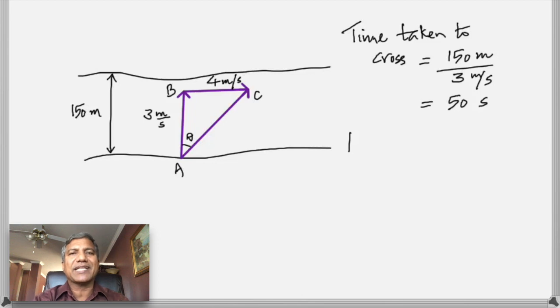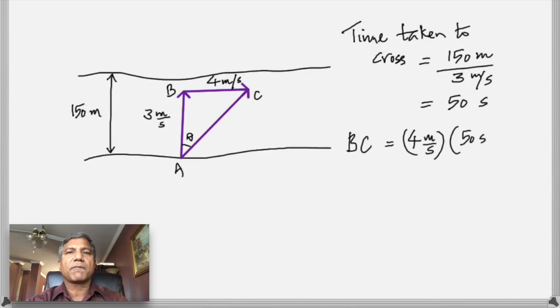So now we're going to look at the x and apply the same idea. The idea is that BC is going to be the x velocity multiplied by the time that we got. So the x velocity is 4 meter per second multiplied by the time, 50, gives us 200 meters. So the swimmer is going to be carried downstream by 200 meters.